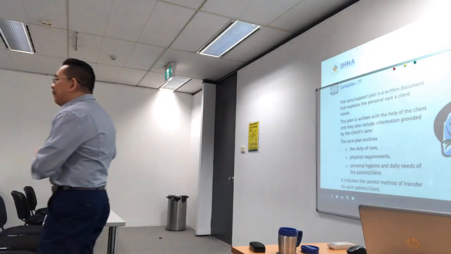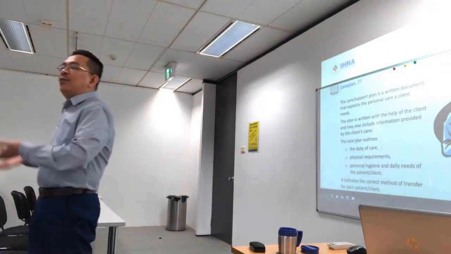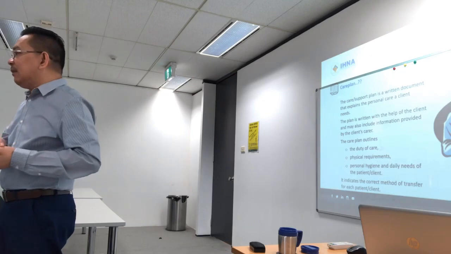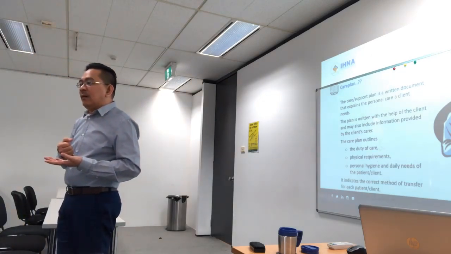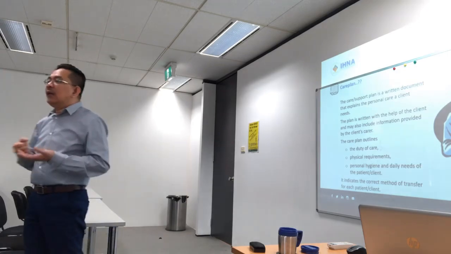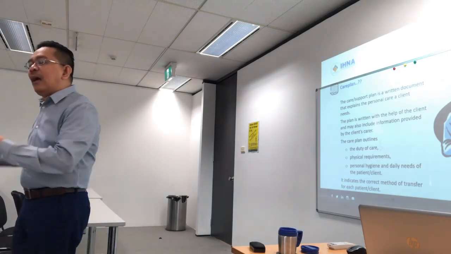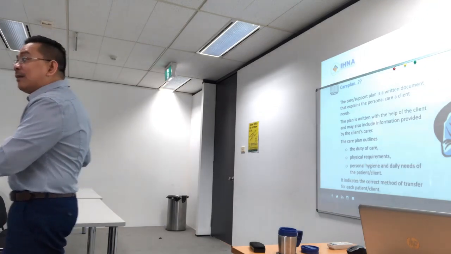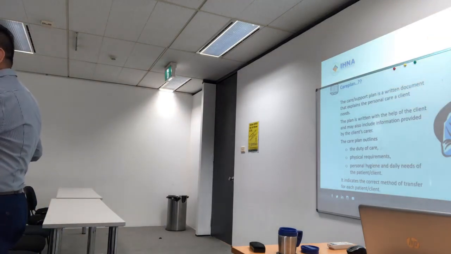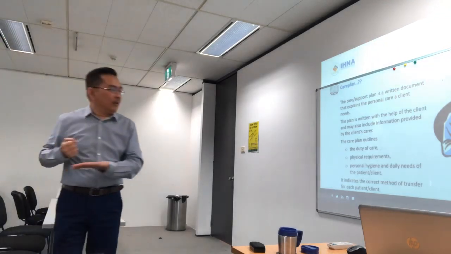Do you need a lifter to mobilize the patient? Those are the physical requirements. Does your resident need a nurse to stand by his side while he is walking? Those are also physical requirements.